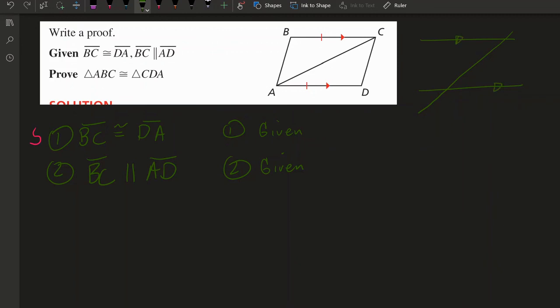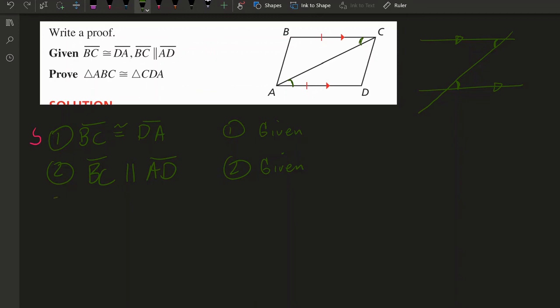So what I can see is that this angle right here and this angle right here, those need to be congruent because those are alternate interior angles. You see, if I slide that green picture on top of the original picture, I can see that's this angle here and this angle here.